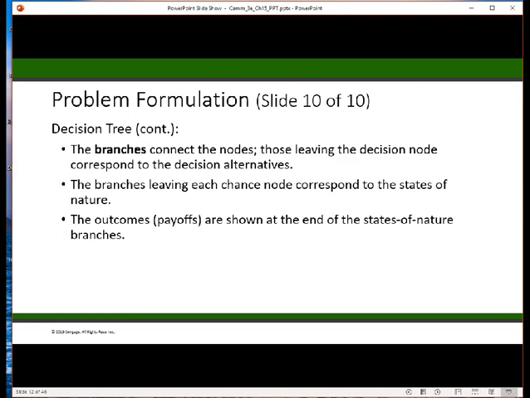Branches leaving the chance nodes correspond to the states of nature, and the payoffs, or the outcomes, are what we get from our payoff table that we talked with management about at the beginning of our project process, when we're gathering facts and information.